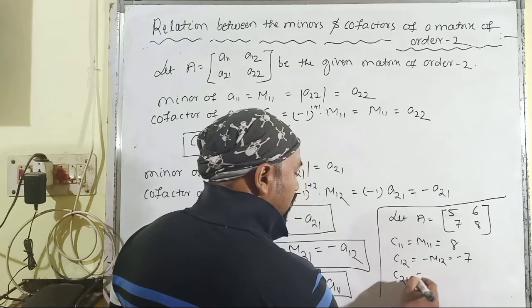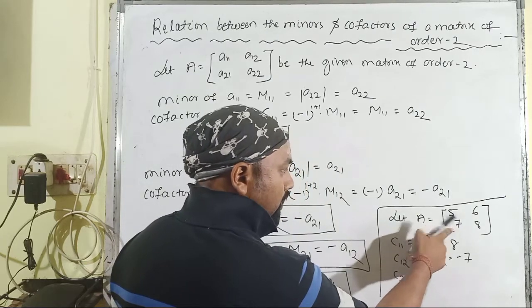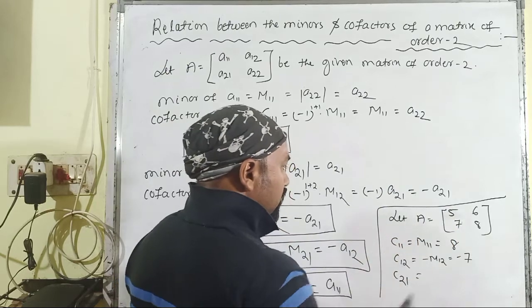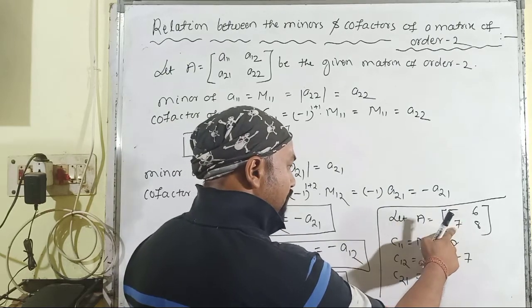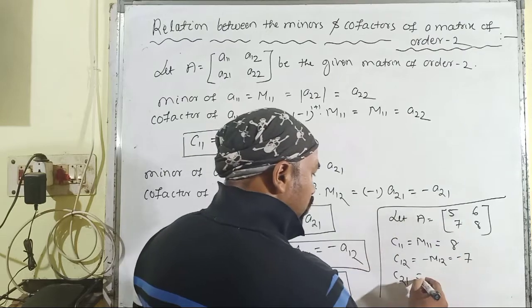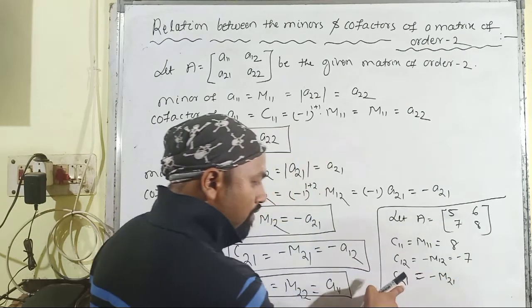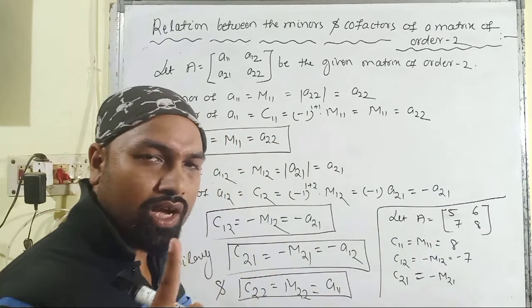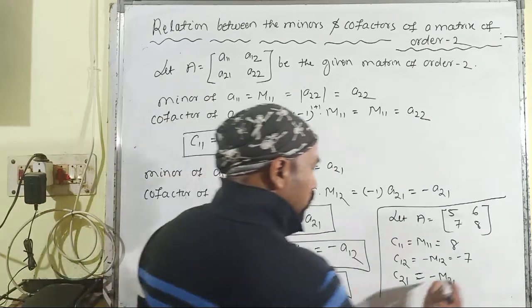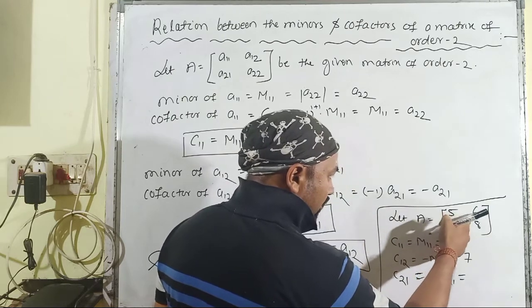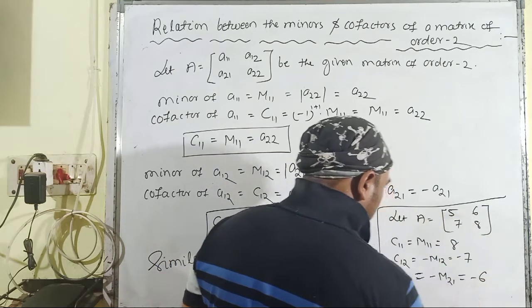Similarly, the cofactor of A21, this is the element A21. We find the cofactor of this element, then it will be equal to minus M21, because the sum of 2 and 1 is an odd number. So the value will be the opposite corner of 7, that means it is minus 6.